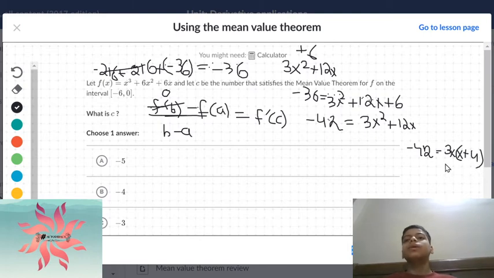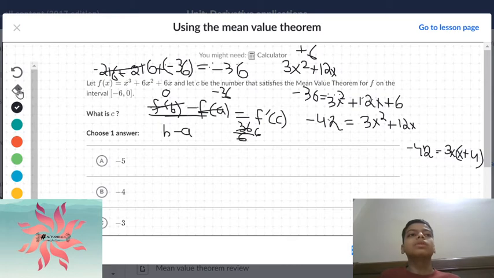Okay, and this thing is f of b minus f of a. b is just 0, 0 minus negative 6. We get 6.